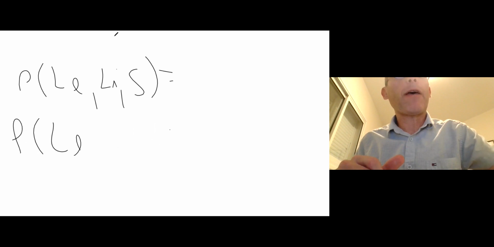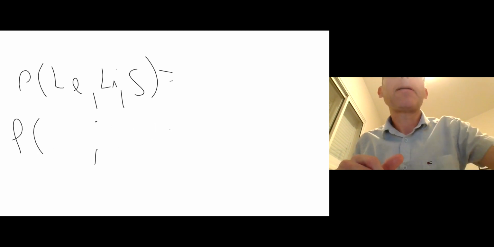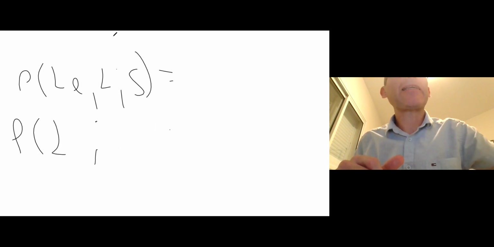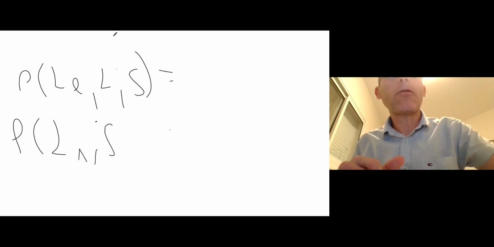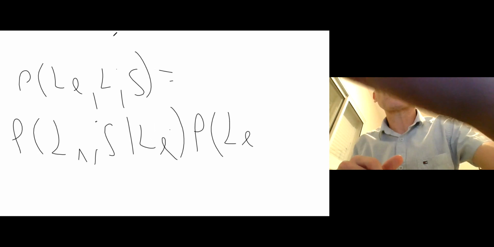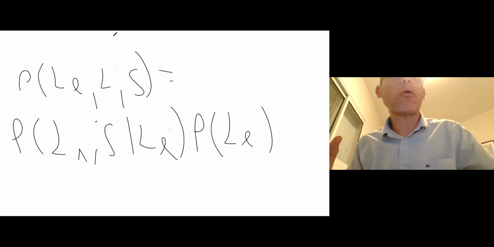This is P of Li and S conditioned on Le times P of Le. That's true for any 3 random variables. That's not related to the network or something.